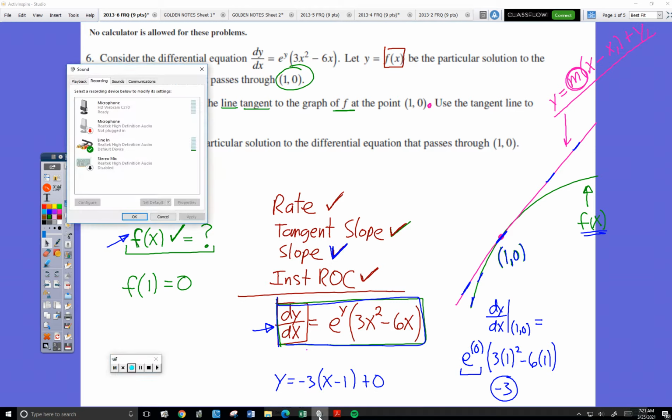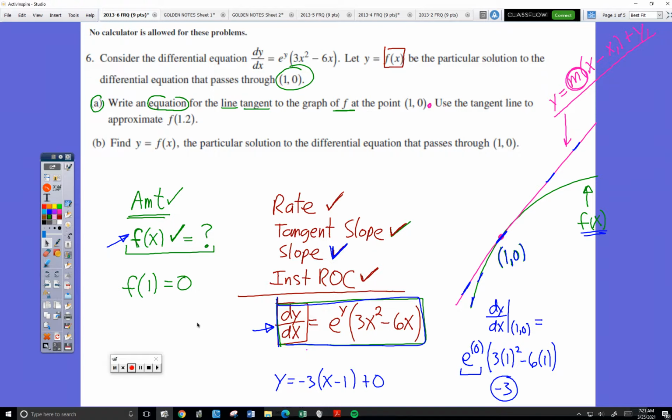Okay, part B says find the particular solution to the differential equation that passes through the point (1, 0).